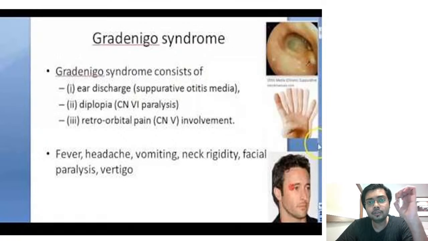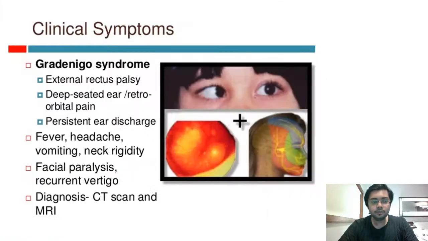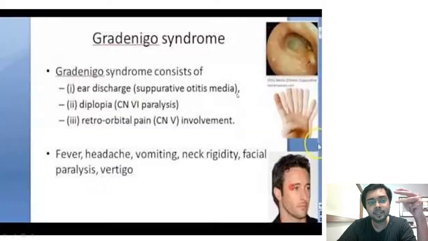So for diagnosing petrositis you need an HRCT of the temporal bone, without which you cannot see whether the infection has reached up to the petrous apex. So you need to do an HRCT scan of the temporal bone, and what you get is a triad of symptoms: ear discharge, which is due to chronic suppurative otitis media.